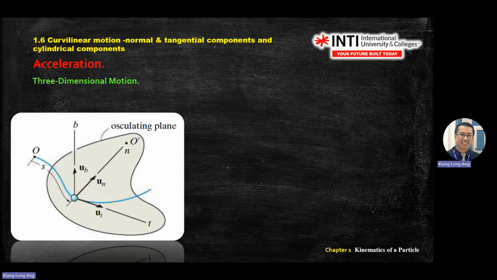Three-dimensional motion, we'll come to this maybe in a later chapter. So for three-dimensional, don't worry, it uses right-hand rules, and it's a cross product. So again, go back to vector calculation. Now, if you're in three dimensions like this, let's say the path moves along the blue line here, and you have three components.